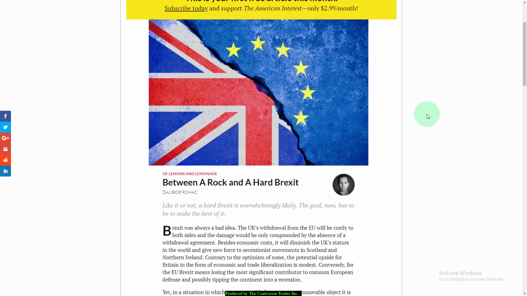The first is a hard Brexit, and it's looking increasingly more likely that is the path that the Brits are going to take. We have John Bolton that's been visiting over in the UK, the largest presence of U.S. diplomats in the UK in quite some time. The current administration can't stand the EU, and for a lot of reasons that are very, very credible.